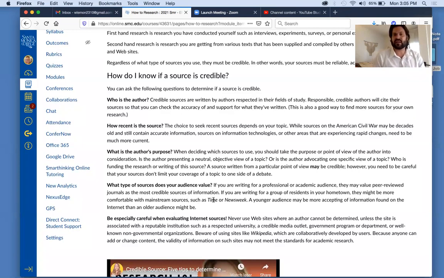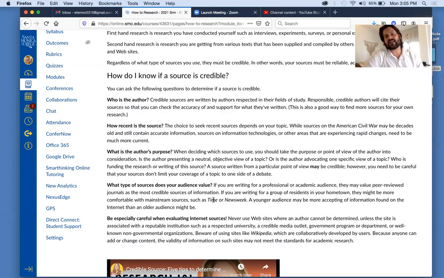Whereas if you're looking at Time, Newsweek, New Yorker, The Atlantic, those sorts of magazines, they're going to be doing more of a superficial overview of the topic, not because they're bad, but just because their audience isn't going to have the same sort of attention span, understanding, expertise as in these scholarly articles.